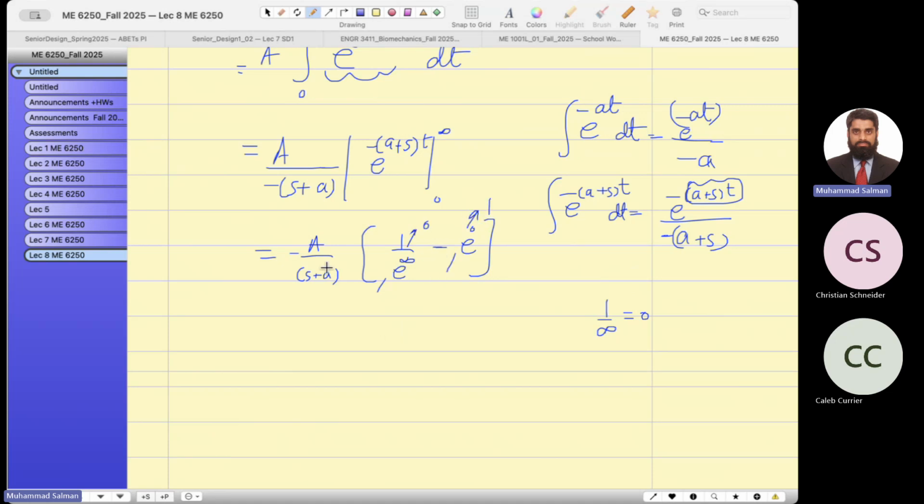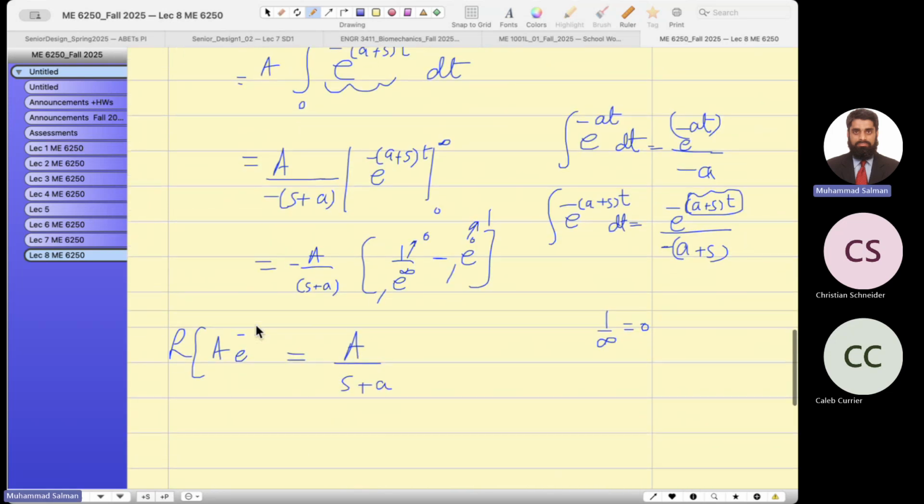So negative 1 times negative gives you positive, correct? A over s plus a. So the Laplace transform of a e to the negative at is equal to a over s plus a according to this form.